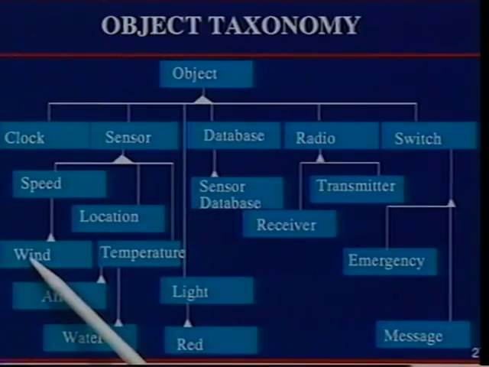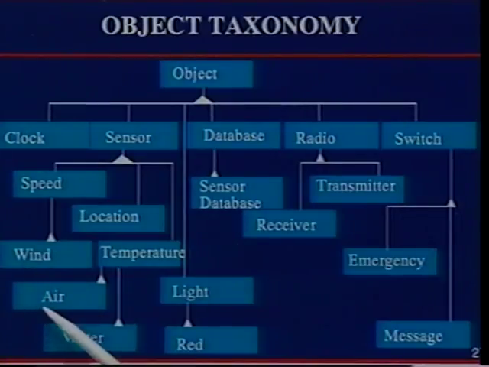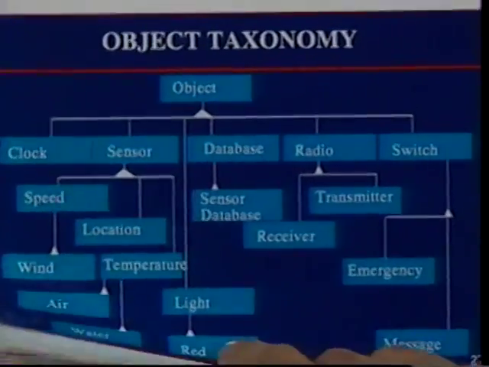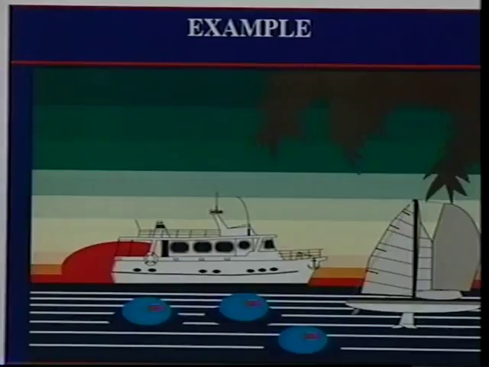Of course, the specific things that we have not talked about is that there are instances of specific objects that we create, which are instances of this wind speed sensor and instances of this airspeed sensor, which are actually located on the real world objects which we saw in this example.